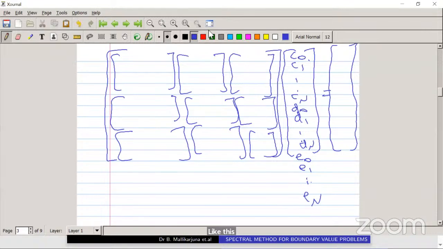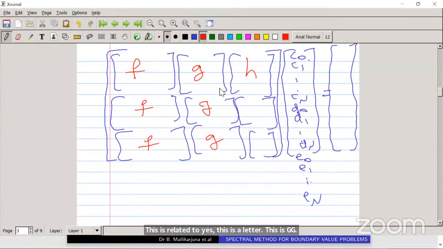Now the question is, which block matrix relates to what? So this is related to F. This is related to F. This is related to G, and H. H, I'm sorry, is theta. These are 5 unknowns.